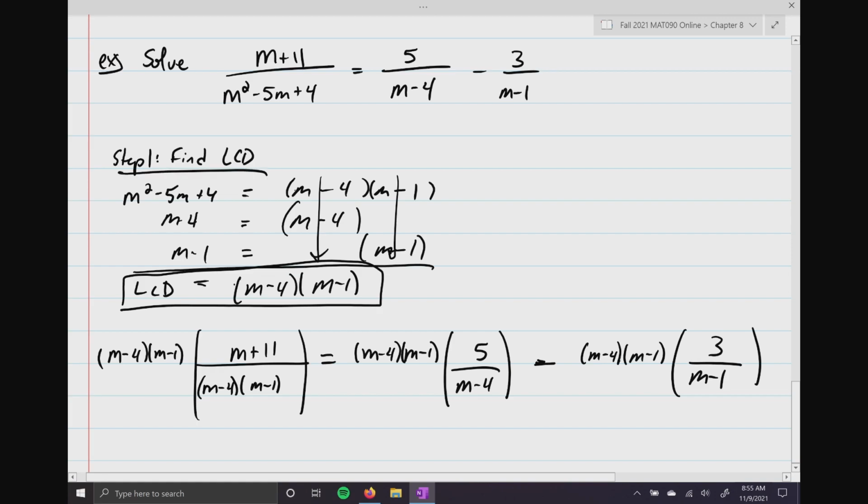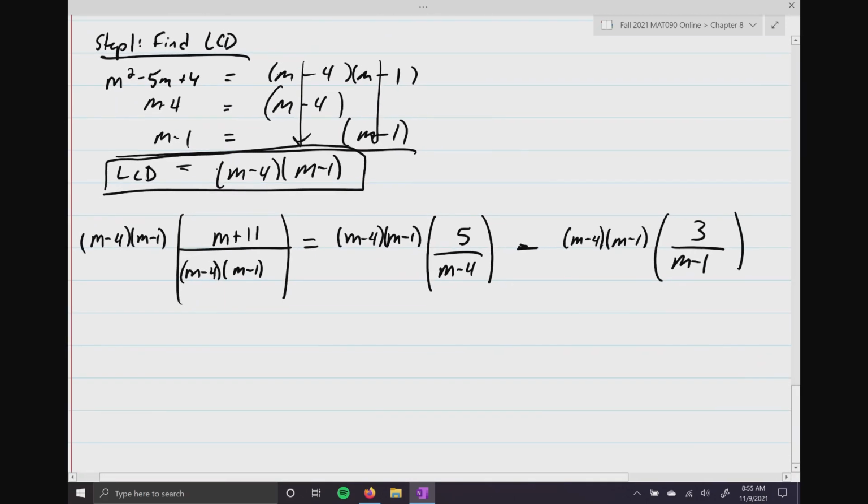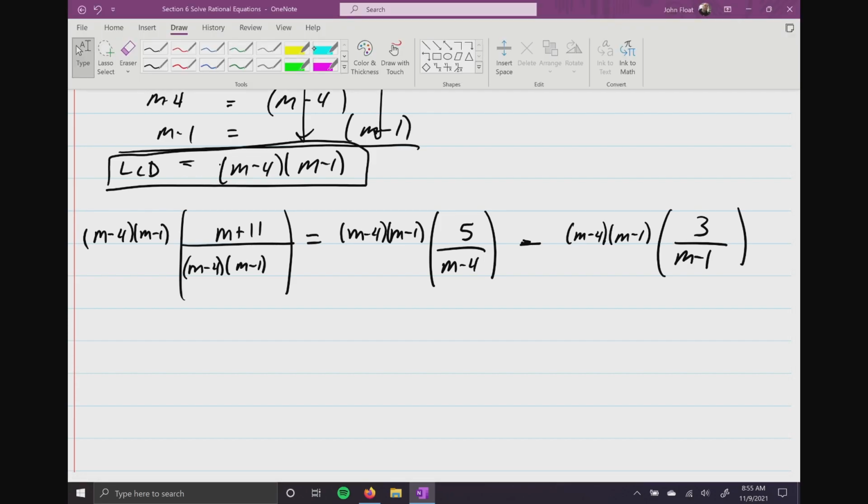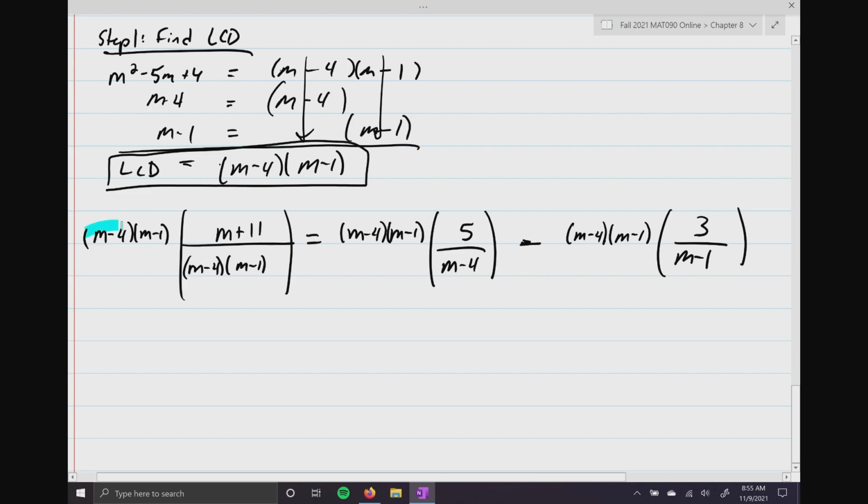Now remember, the whole reason why we needed to find this LCD is so we can clear out the fractions, so we can eliminate denominators. Now, if you go from left to right, just watch, and I'll highlight and then I'll cross out. So left to right, m − 4, m − 4, m − 1, m − 1.